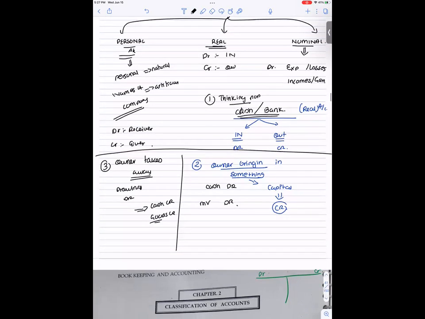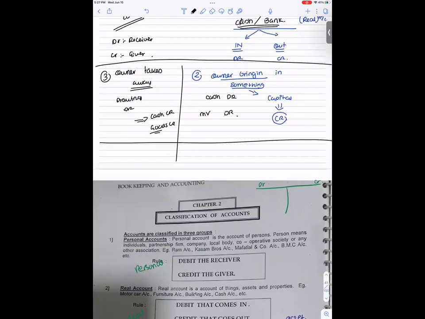Purchase is always debit. Purchase return, credit. Sales, credit. Sales return, debit. Because purchase is an expense, it is always debit. Sales is an income, so it is always credit.